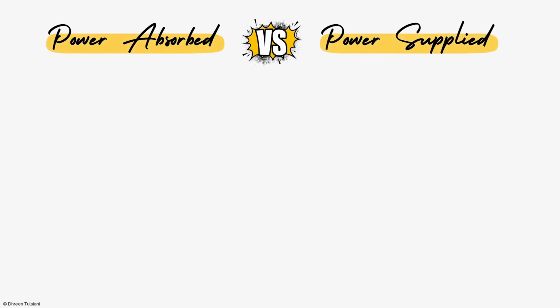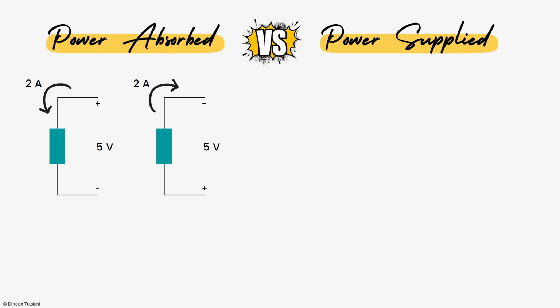Power absorbed versus power supplied. Let's talk about power absorbed first. Suppose we have two circuits such as these in which the voltage applied is 5 volts and the current is 2 amperes.